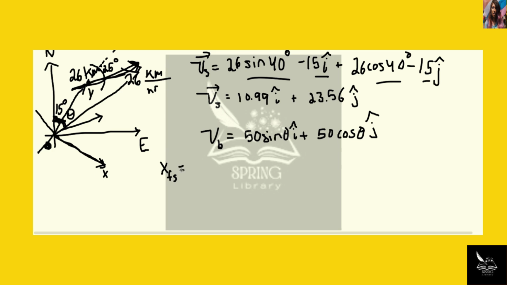X final for the ship is equal to x initial plus velocity in the x direction initial times t plus 1/2 acceleration times time squared. Conveniently, there is no acceleration.